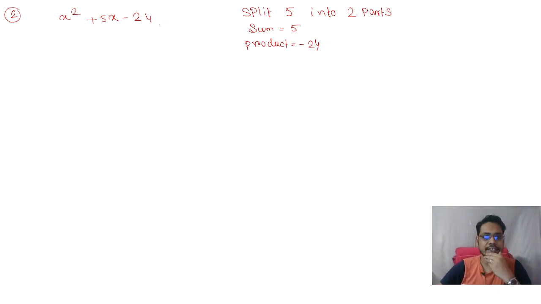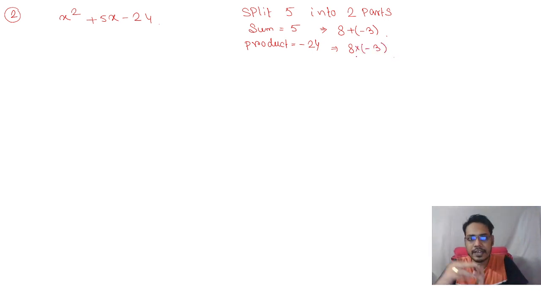Now how can we write this? Sum will be 5 and the product will be minus 24. Now we can see that if we write 5 in this form, that is 8 plus minus 3, that is 5, and the product 8 multiply minus 3 is minus 24. That means it is perfectly matched.